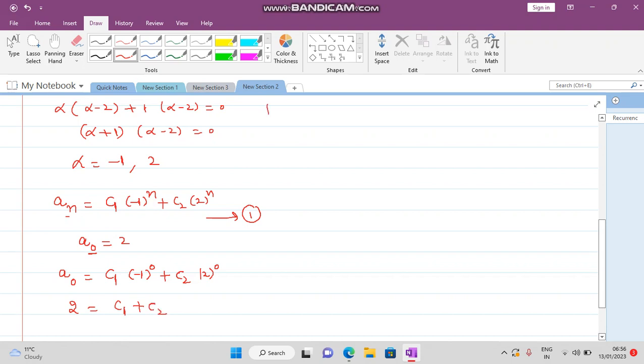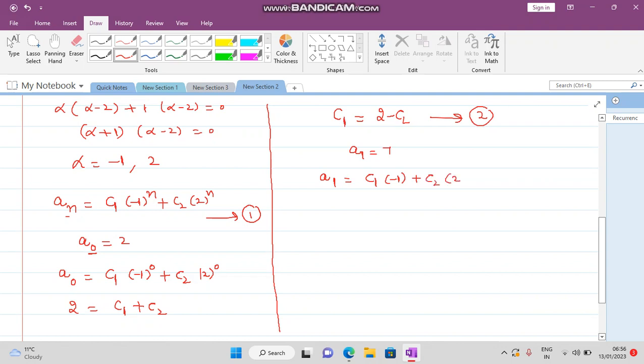Okay, so from here we can find the value of C1. So C1 value is 2 minus C2. Write it as equation 2. Okay, apply the next condition that a_1 = 7. So set n value equal to 1 in the equation. So it is a_1 = C1 into minus 1 plus C2 into 2, because here the n value is 1.